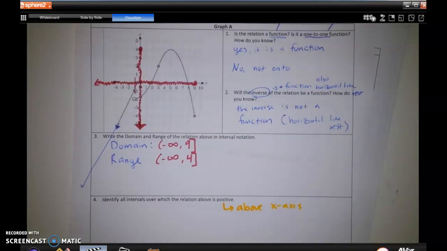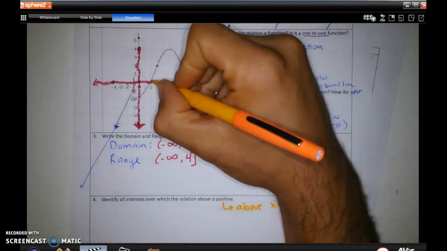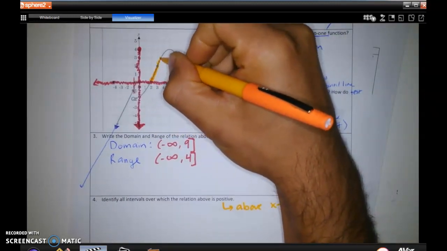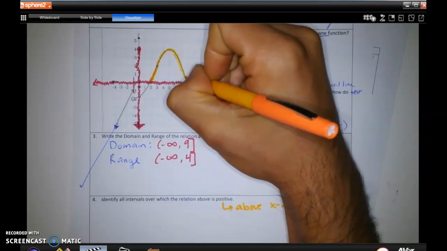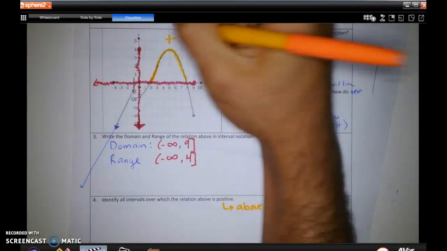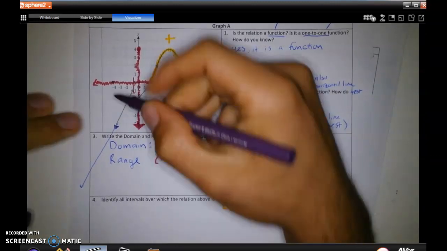We know that above the x-axis is positive. It appears as though our function is above the x-axis only during this section. Here we have positive, and in fact I'll even mark negative even though it's not asked for here.